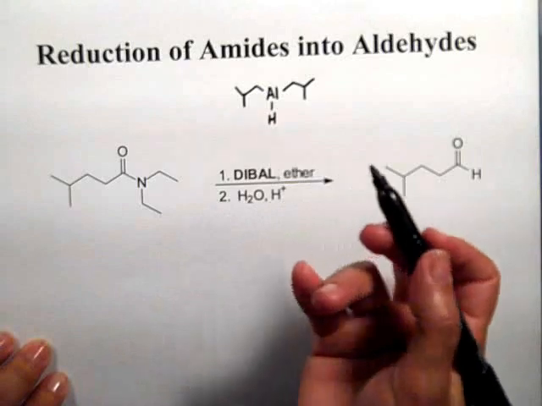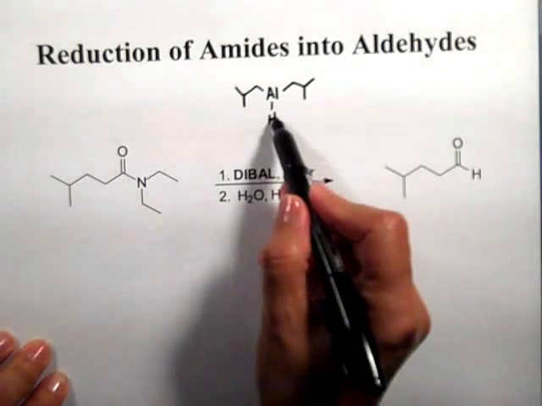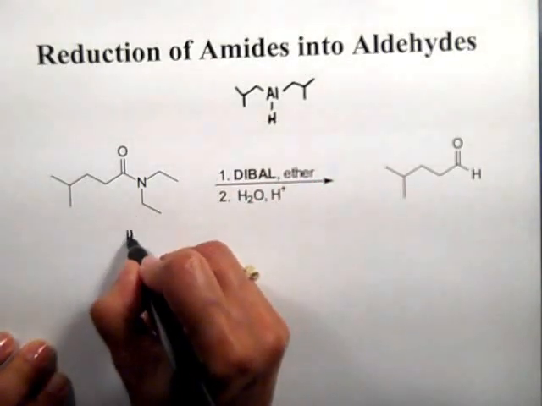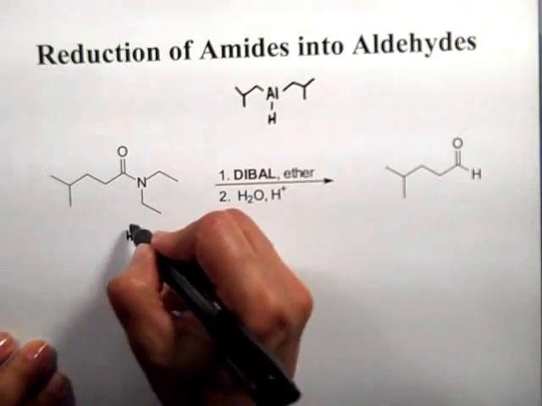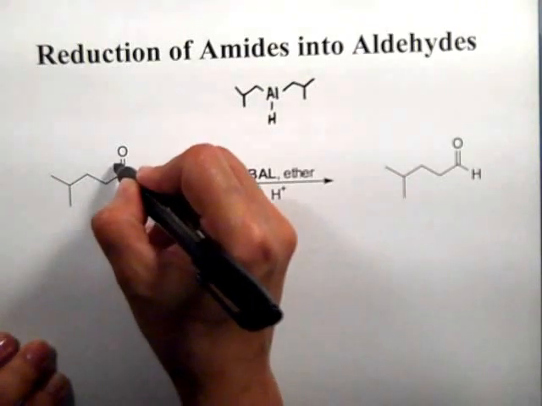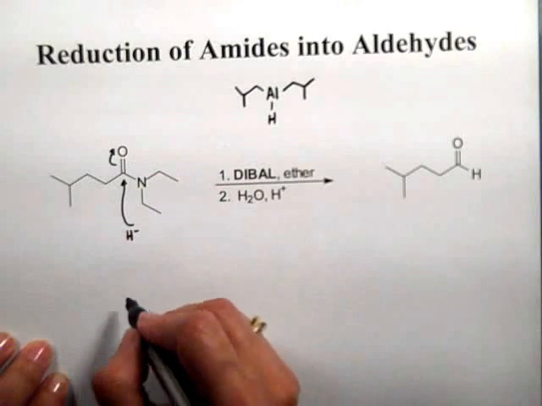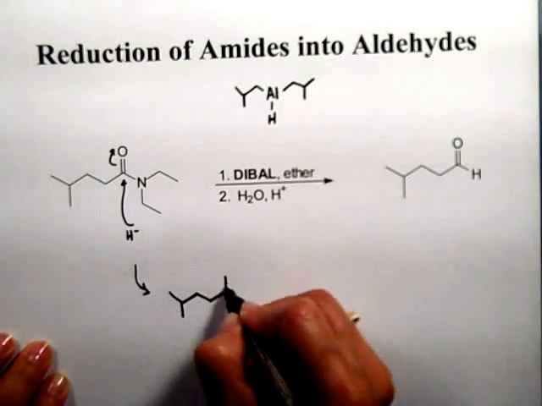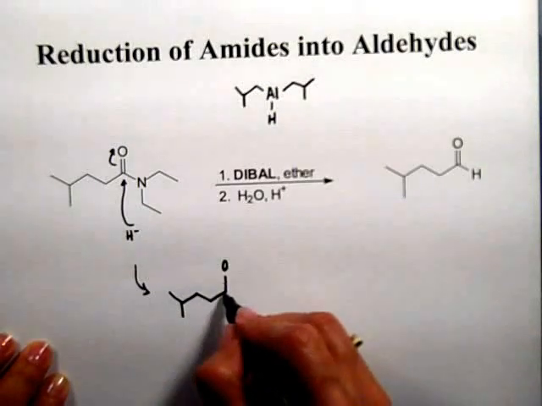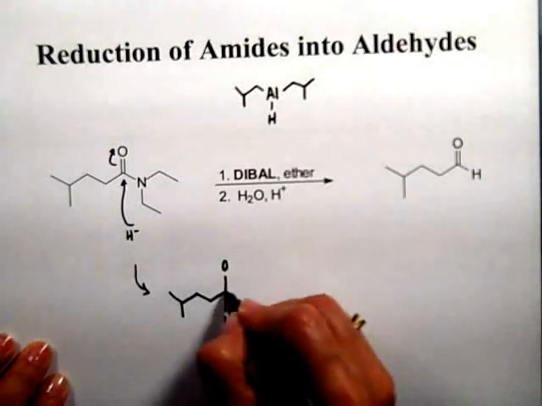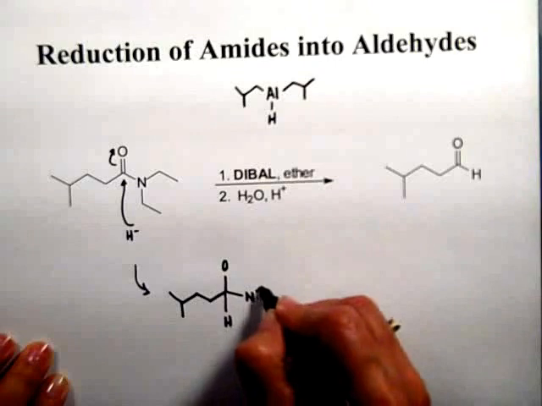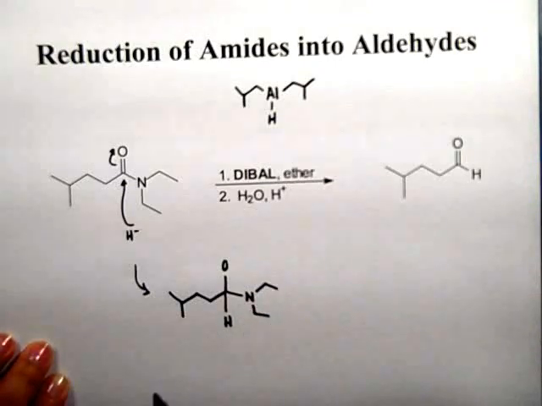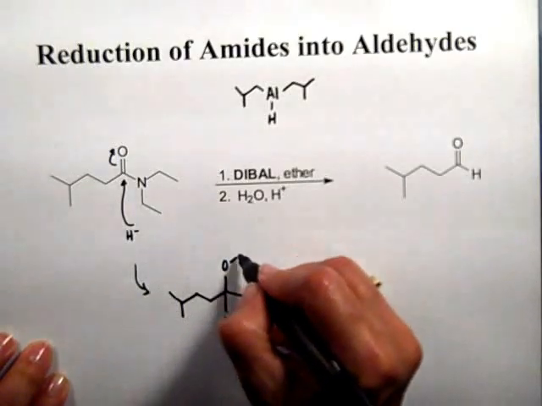Again, sometimes I simplify too much, but the hydride, the DIBAL attacks the carbonyl, and it gives you a tetrahedral intermediate. Here's your hydride, here's your nitrogen, still there. The aluminum is going to go and bind to the oxygen.